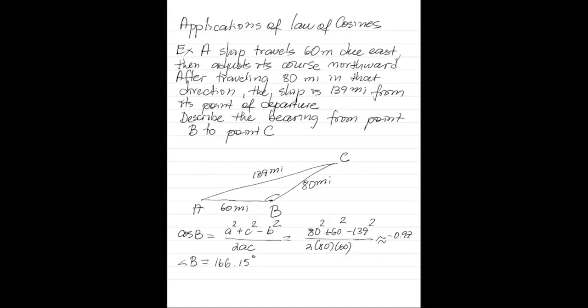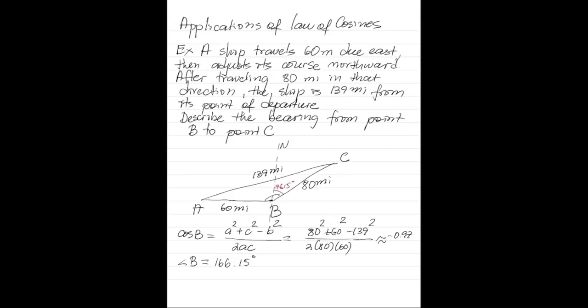The bearing is the angle from the north-south direction. If we know this is 90 degrees, then what's left is 76. So this angle over here is 76.15, and that is the bearing.